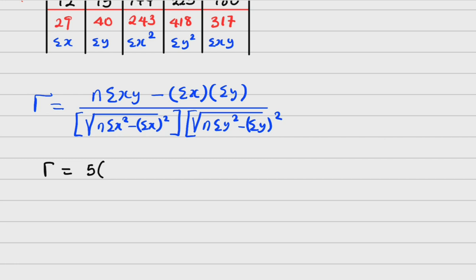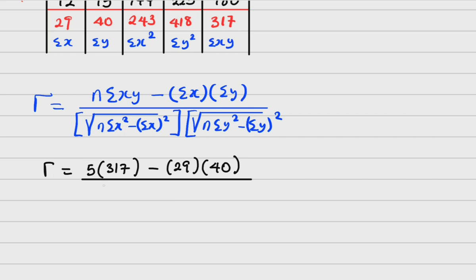So 5 into summation xy, we have 317. We close the bracket, minus summation x is 29, then summation y is 40. So I'm done with the numerator and the denominator now.